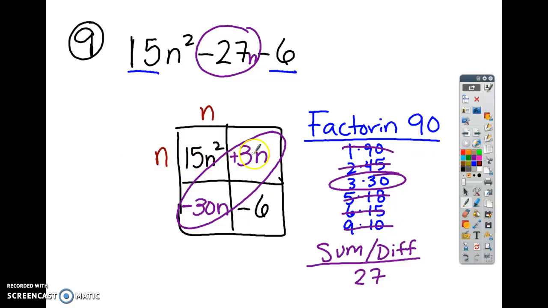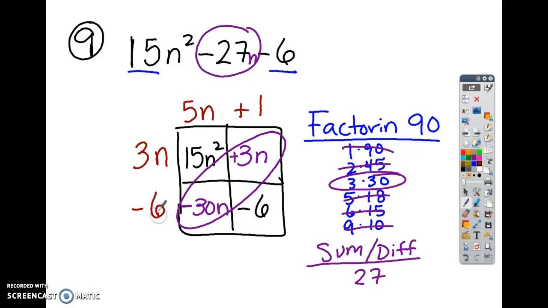So both of them can be divided by 3, and both of these numbers can be divided by 5. 3n times 5n does give you 15n squared. 3n times what number gives you 3n? That would be a positive 1. 5n times what number gives you a negative 30n? That would be a negative 6.